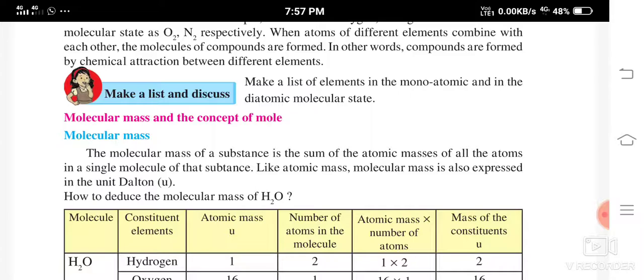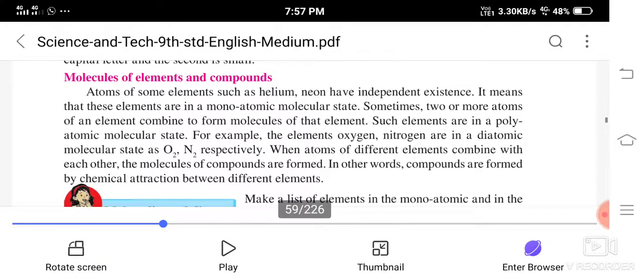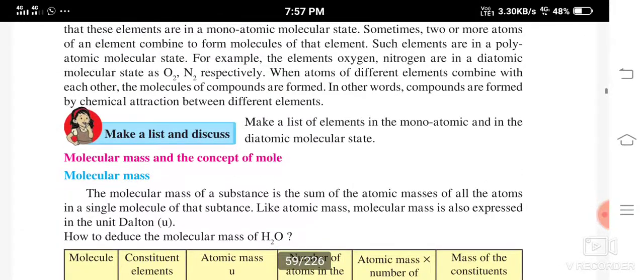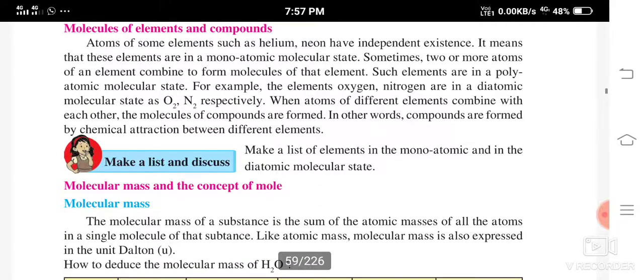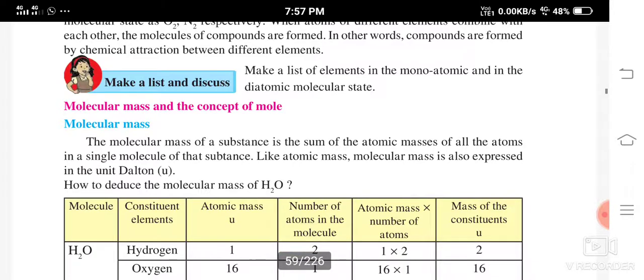Just like hydrogen and oxygen, as I told you, they are going to exist in diatomic state, and helium, neon, krypton, all these are going to exist in monoatomic state. So you're going to make a list of such elements.